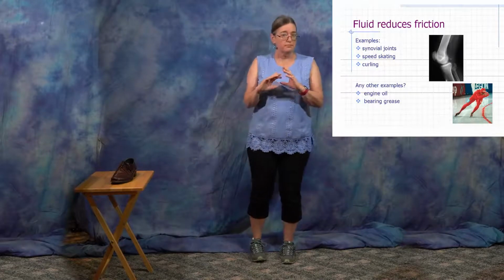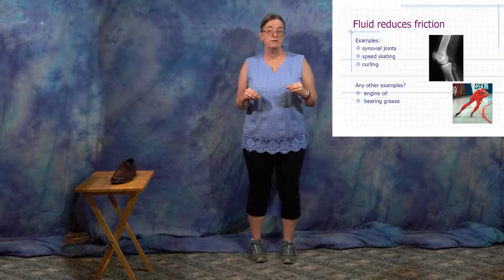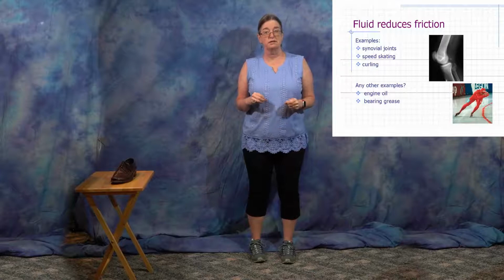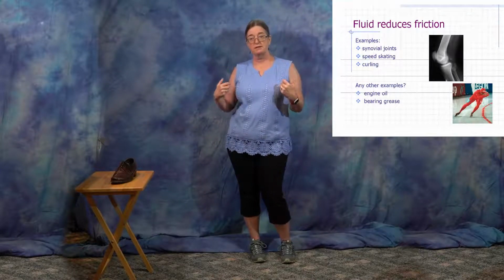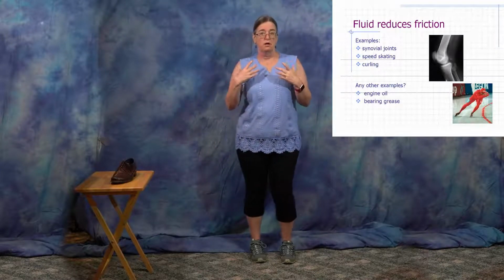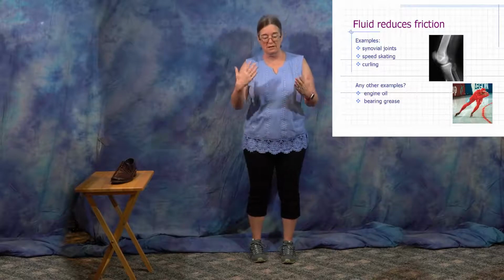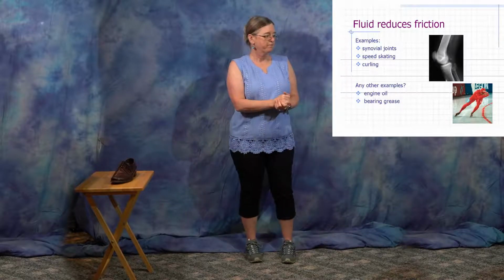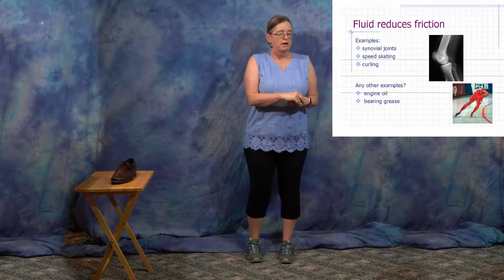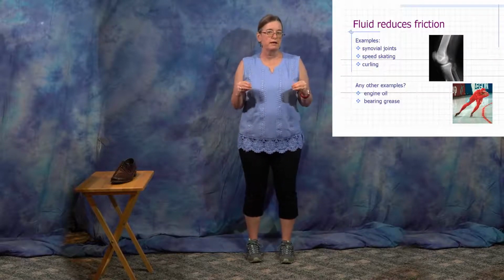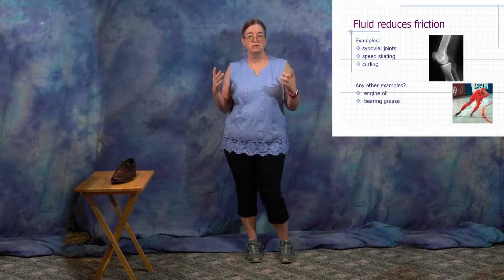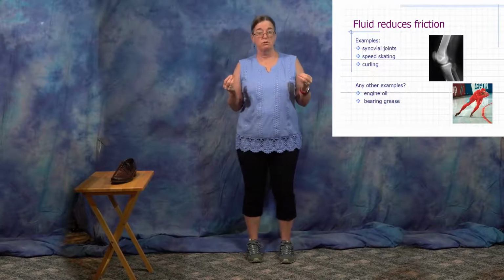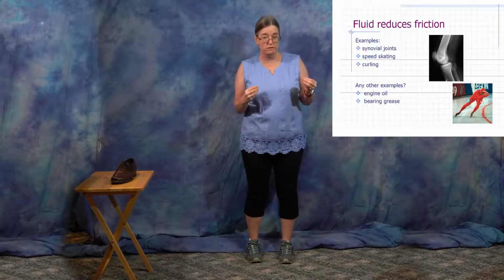So again, that fluid piece is important in biomechanics, both for aspects that are internal to the human and external forces on us. Internally, we have something called synovial fluid. You know that there are synovial joints.